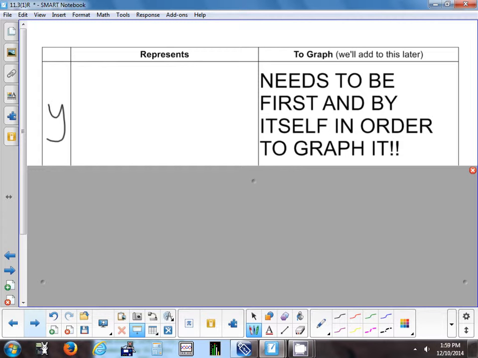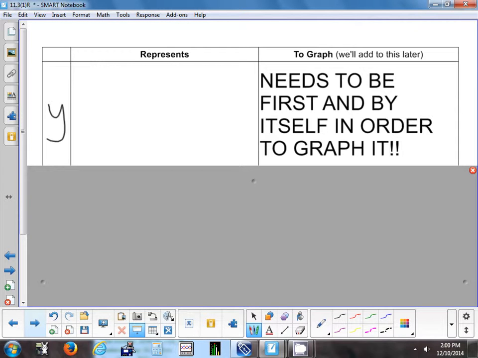The y tells you one thing, the m tells you another thing, and the b tells you another thing about how to graph it. The y needs to be the first thing and by itself in order to graph it.